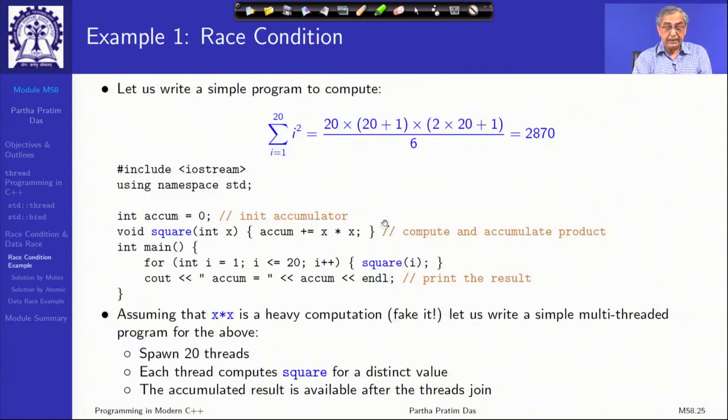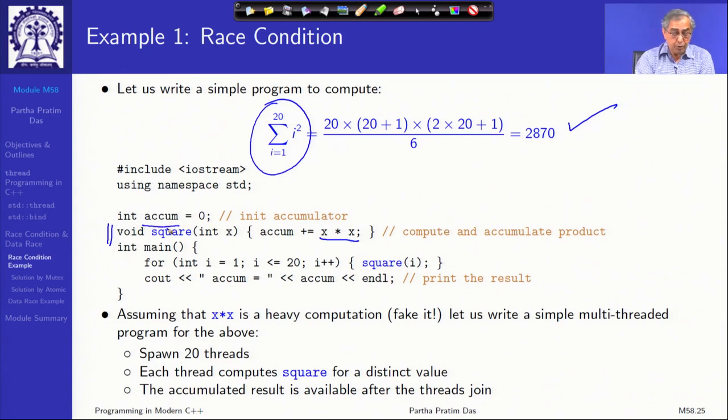So, let us take a race condition example. Suppose we want to do something very trivial, we want to work out this sum of squares from 1 to 20, by this formula: 1 square plus 2 square, like that. And how do we do that? We have a function square which squares the parameter and updates a global accumulator.